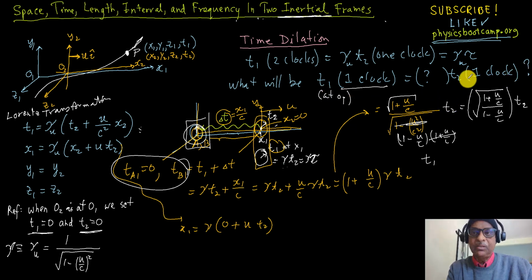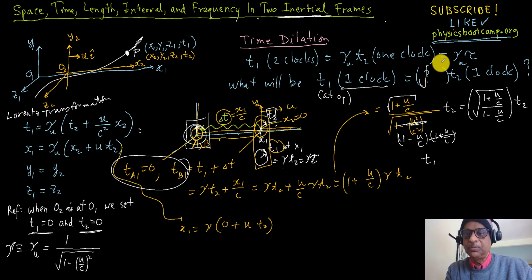In that clock, for when the time in the second clock was t2, I will record it as square root of 1 plus u over c, 1 minus u over c. I could simplify more, but I just leave it like that, times t2 and 1 clock.